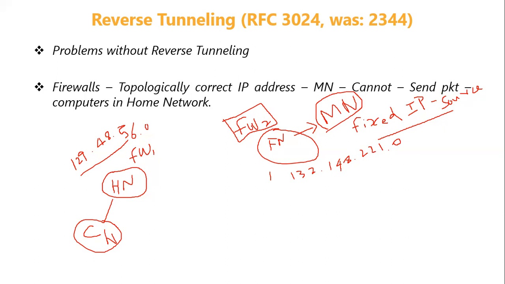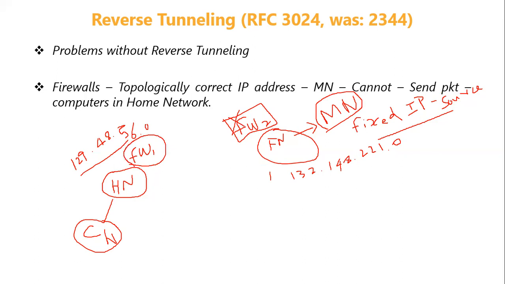But assume that this firewall has allowed it, or there is no firewall here, then the data will come here. But again, the firewall in the home network also will not allow it. Why won't it allow?